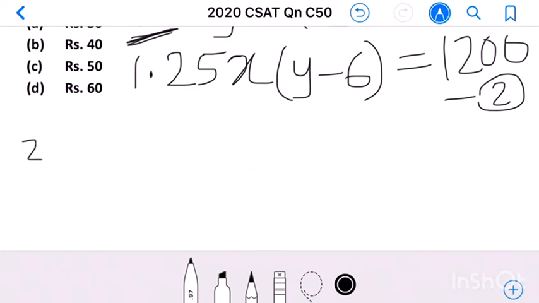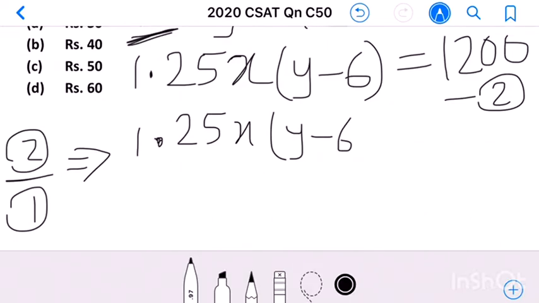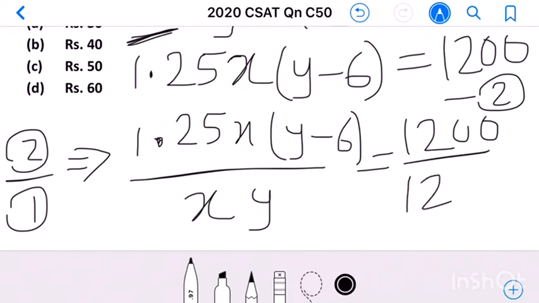Here, equation 2 by 1, we get 1.25X into (Y minus 6) divided by X into Y equal to 1200 divided by 1200.